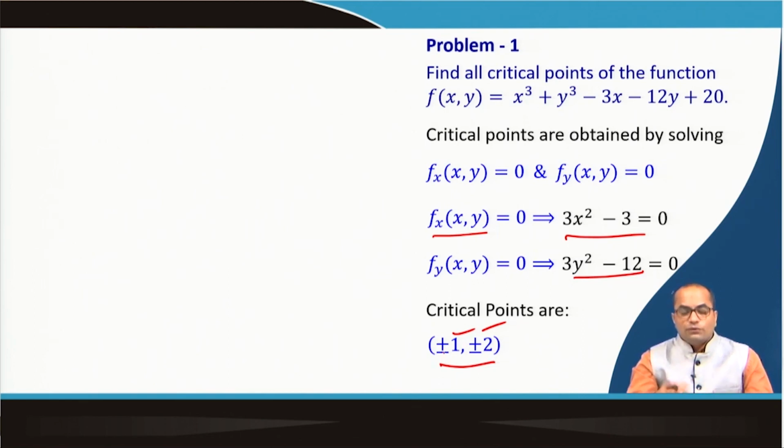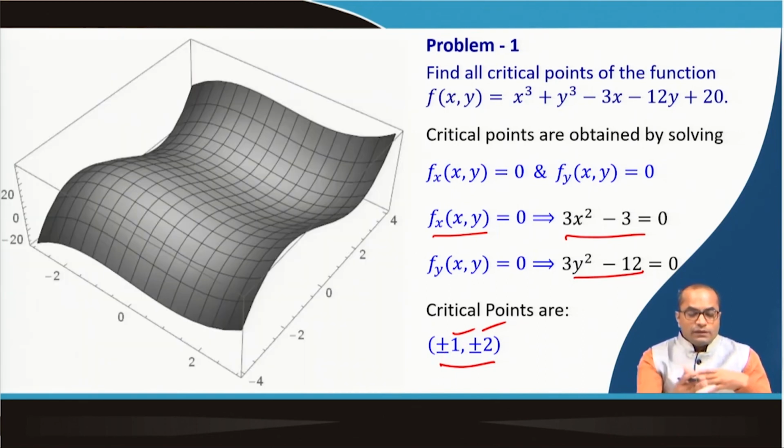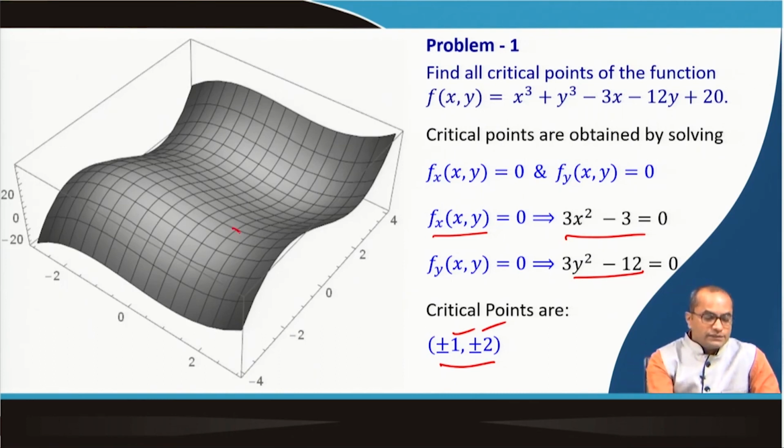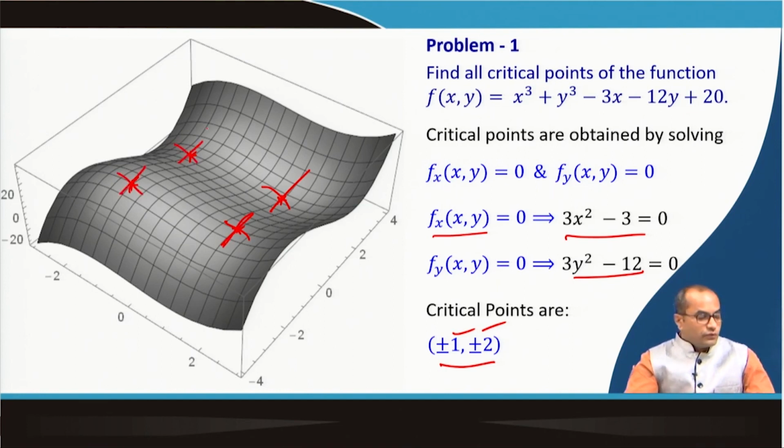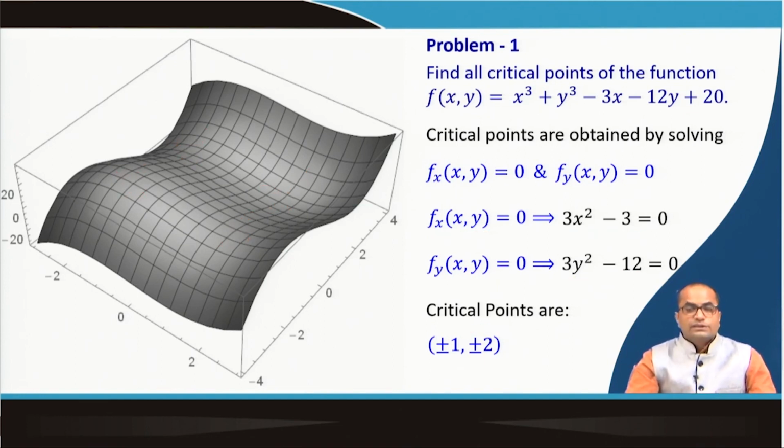If you draw this, you can also visualize that there will be a point here, there will be a point there, here and here, where the derivatives with respect to x and with respect to y are 0. So, there are 4 critical points for this function f(x, y).